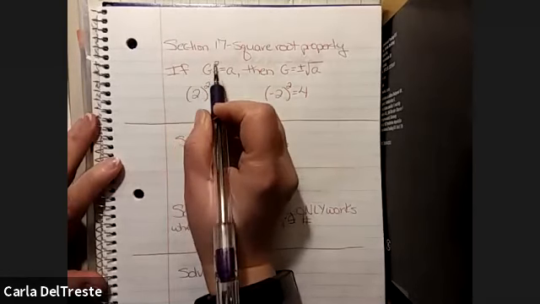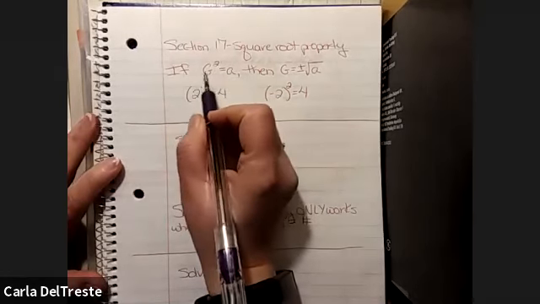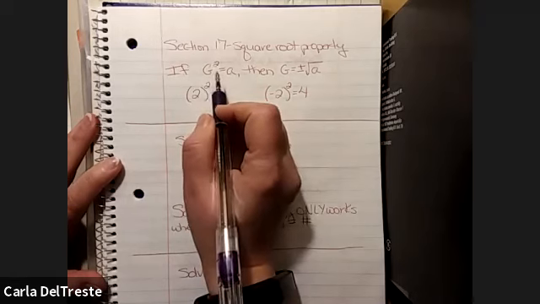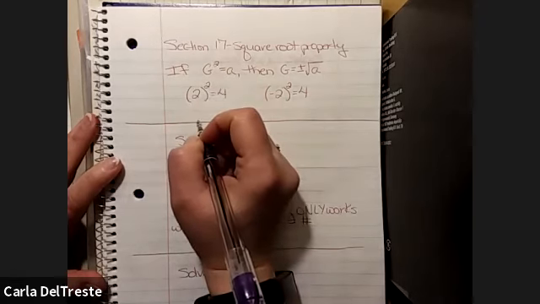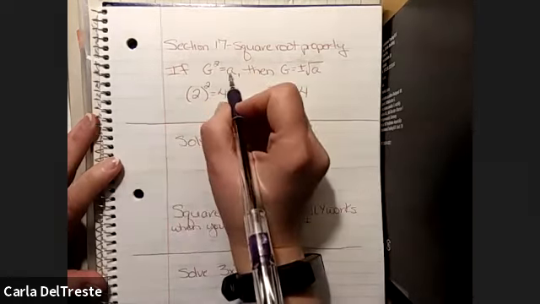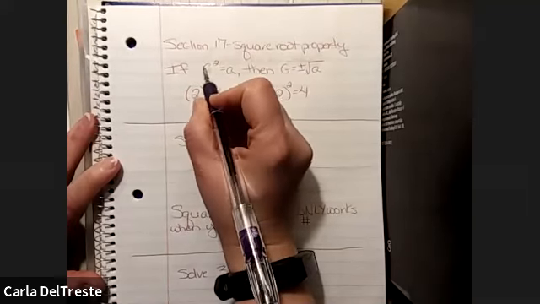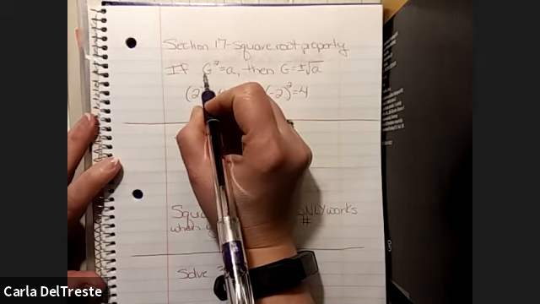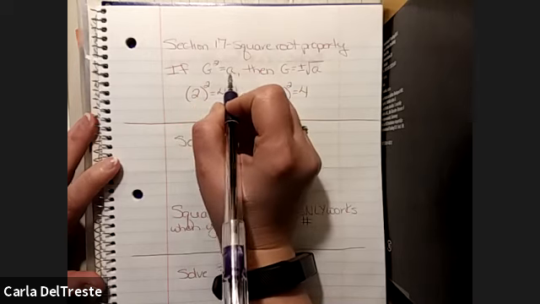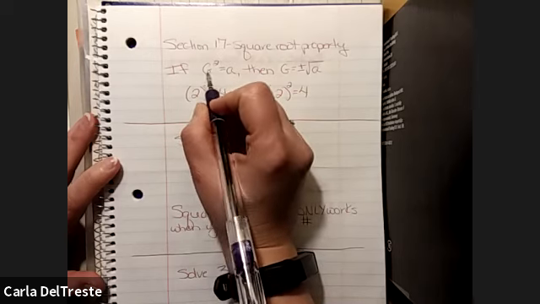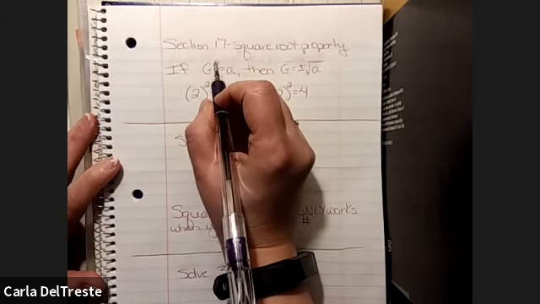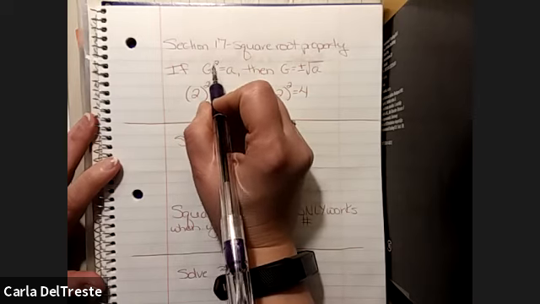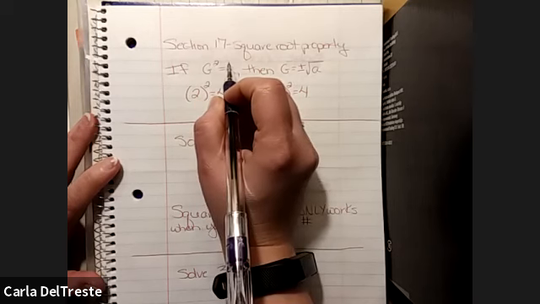If g squared equals a, so if something squared equals a constant, then in order for me to figure out, going backwards, what that g had to be, I'm going to have to take the square root of both sides, because squaring and square root are opposites.